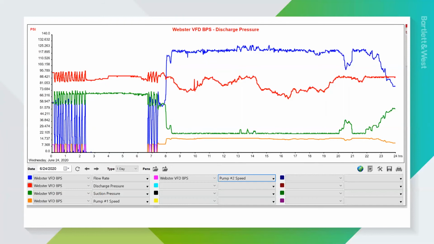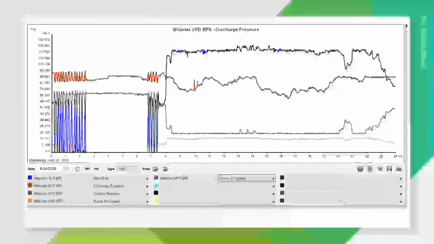The red line on this is the discharge pressure, and normally we would like to see the discharge pressure stay static and the flow rate vary. And really what is happening is the booster pump station could not keep up in this area and meet the instantaneous peak demands.